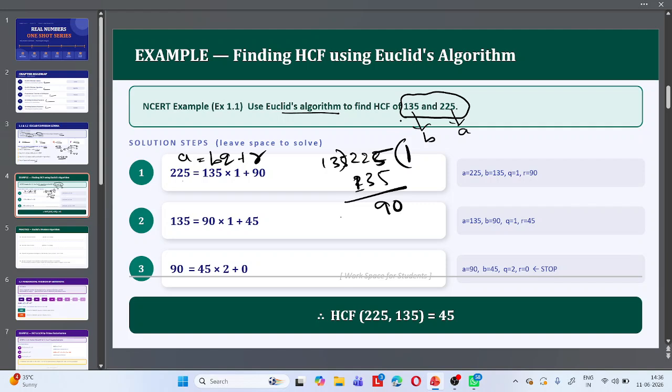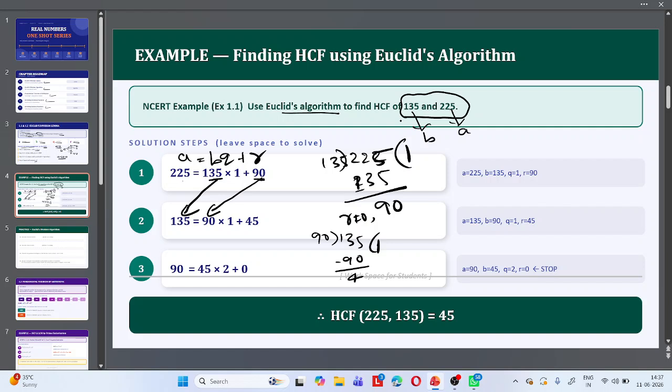Here the remainder is not equal to 0, so what should we do? We move on to the next step. In the next step, this is r, this is b. This b becomes a here, and this r becomes b in the next step. So again do the same thing, that is divide 135 by 90. 90 ones are 90.